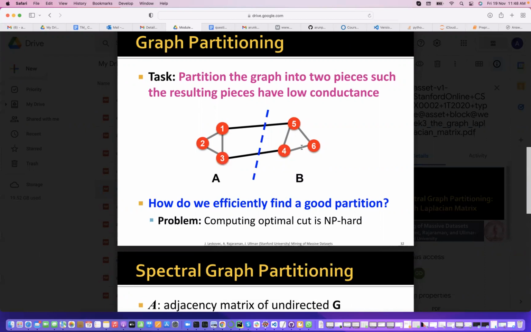If we make two partitions, then the conductance of both clusters should be small. Such a partition we will take. So if you have some n number of nodes in a graph, how do you find which is the correct or good partition?